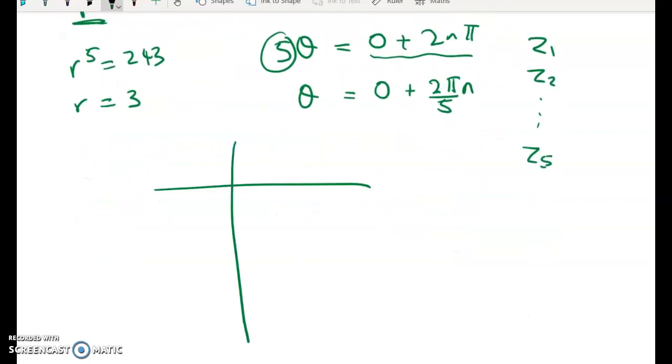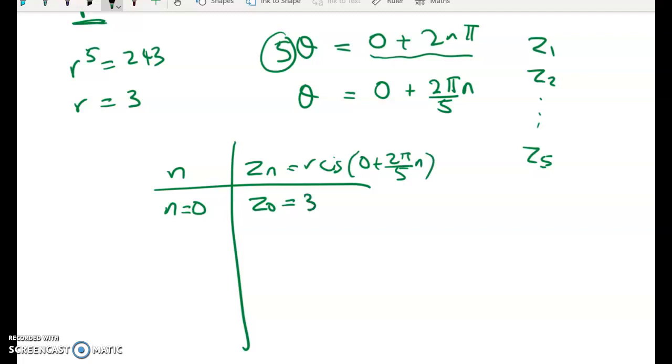Okay, so let's just work systematically here. We start with n equals 0, and we'll have zn, so z0 is going to be just my real one, so my 3. So z0 will be 3 cis 0.